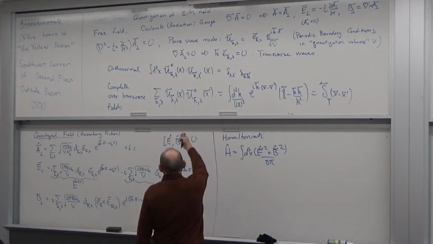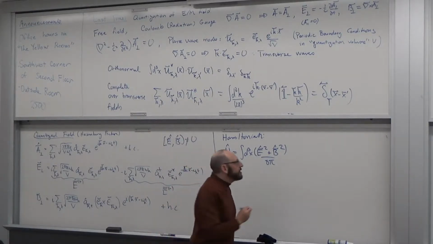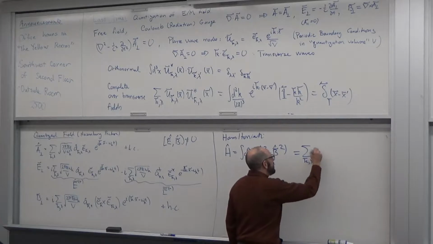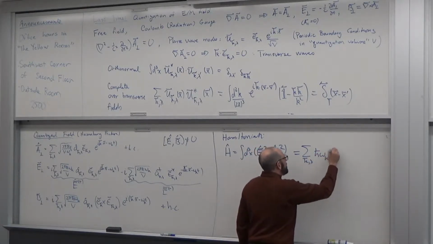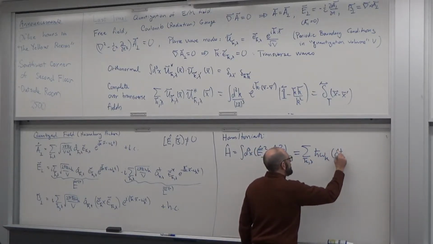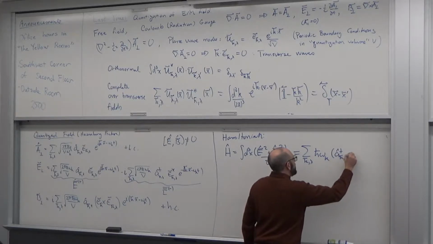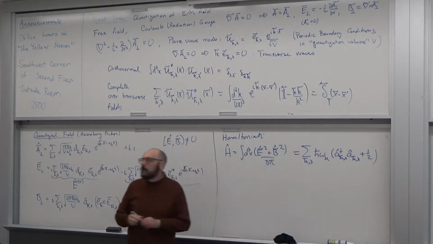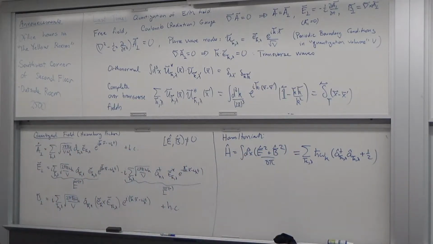And if we plug in these relations, what we find is this is the sum over the modes, h bar omega, n plus a half, n being the number operator for each mode, right?